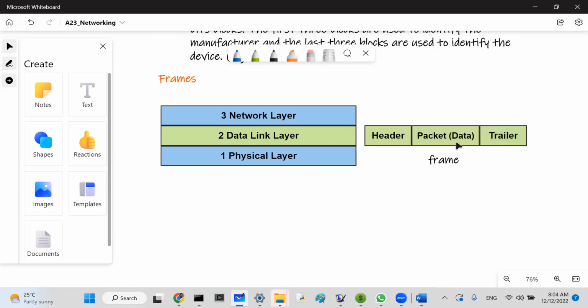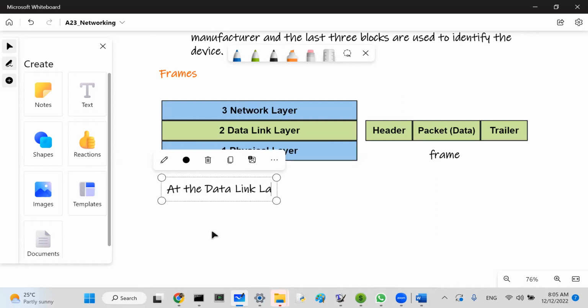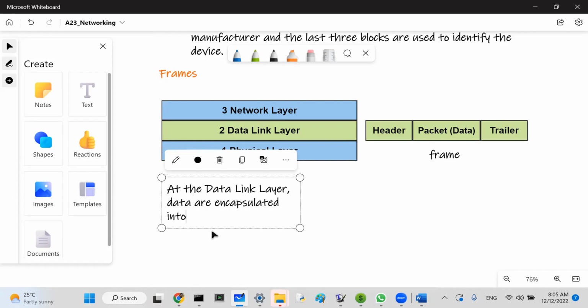Okay, so same thing, and this is called a frame, right? So let's write this down in words. At the data link layer, data are encapsulated into the frame.